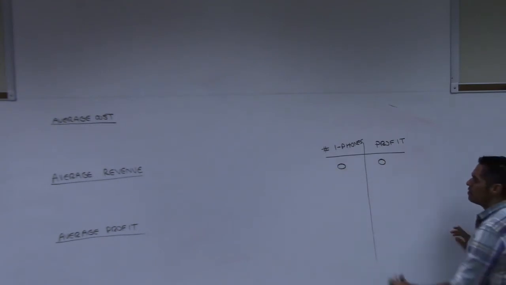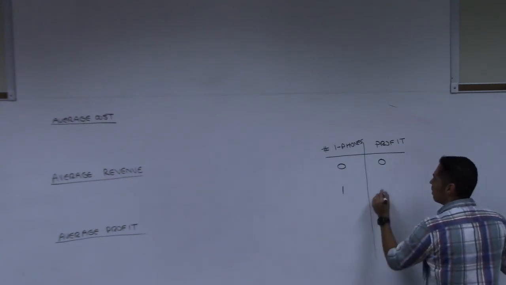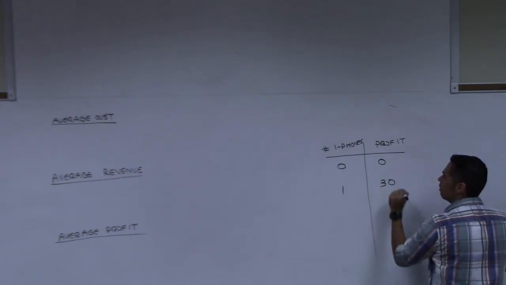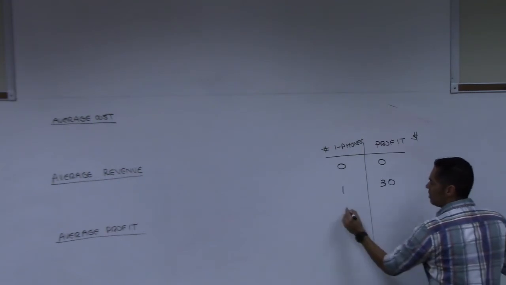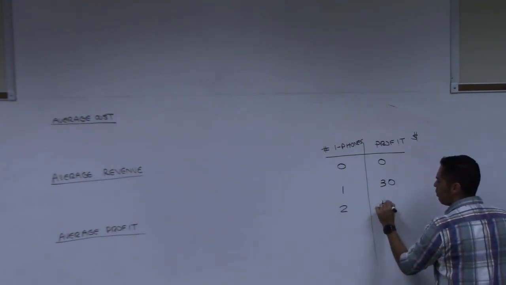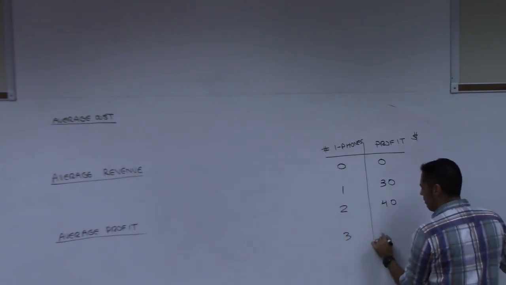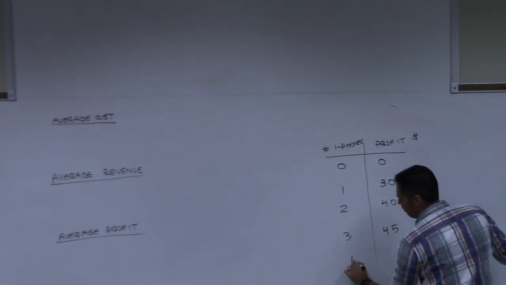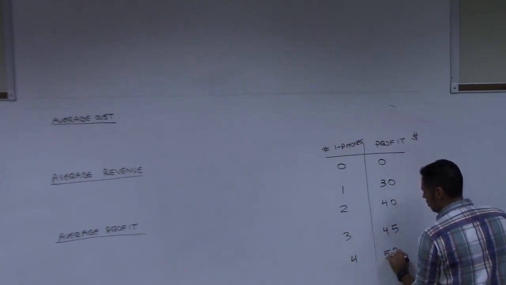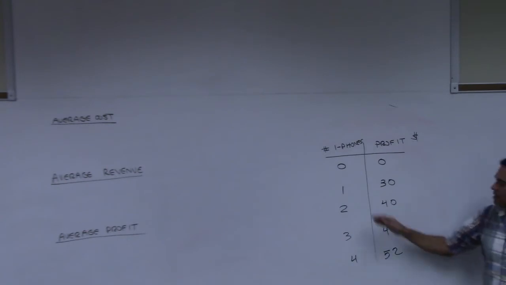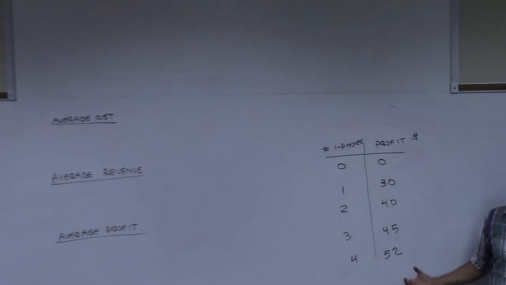If we sell 1 iPhone, we're going to have a profit of $30, and let's just say this is in dollars. If we sell 2, we're going to have a profit of 40. If we sell 3, we're going to have a profit of 45. 4, it's going to jump up to 52. Okay, so we've got this. You get the idea? The number of phones that we're selling and what our profit is.